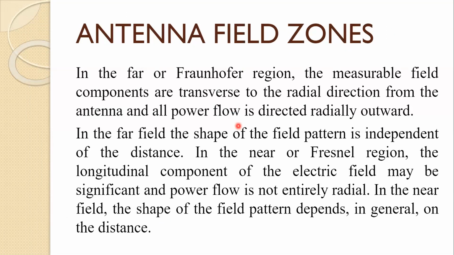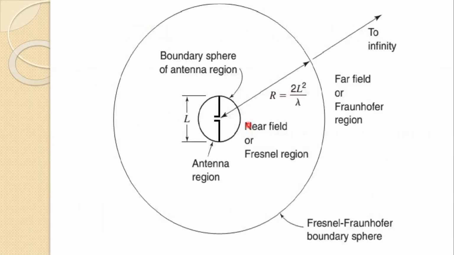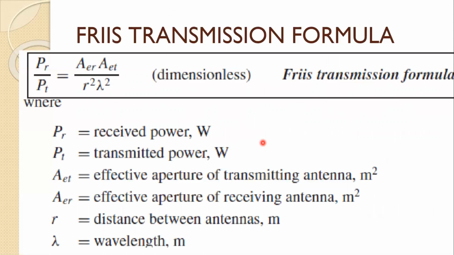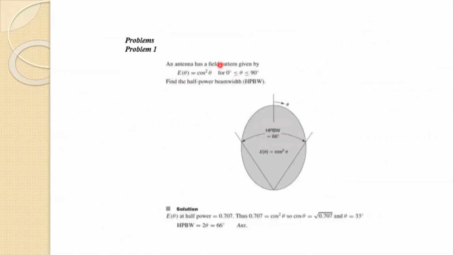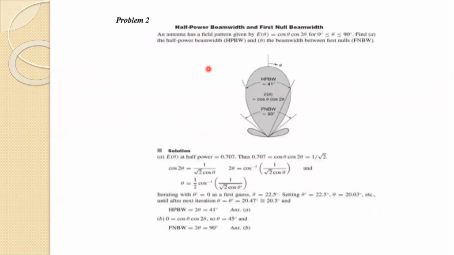So HPBW equal to 2 times this value, 2 into 15, 30 degrees approximately. Similarly, to calculate first null beam width, equate the function to 0. Therefore, you are able to calculate 2 times 60, so 120 degree. Take down this problem also.